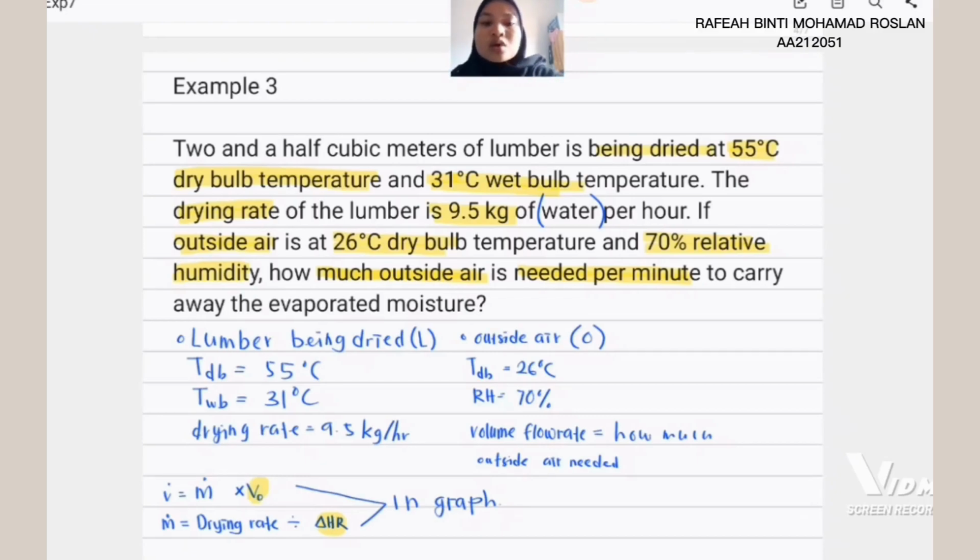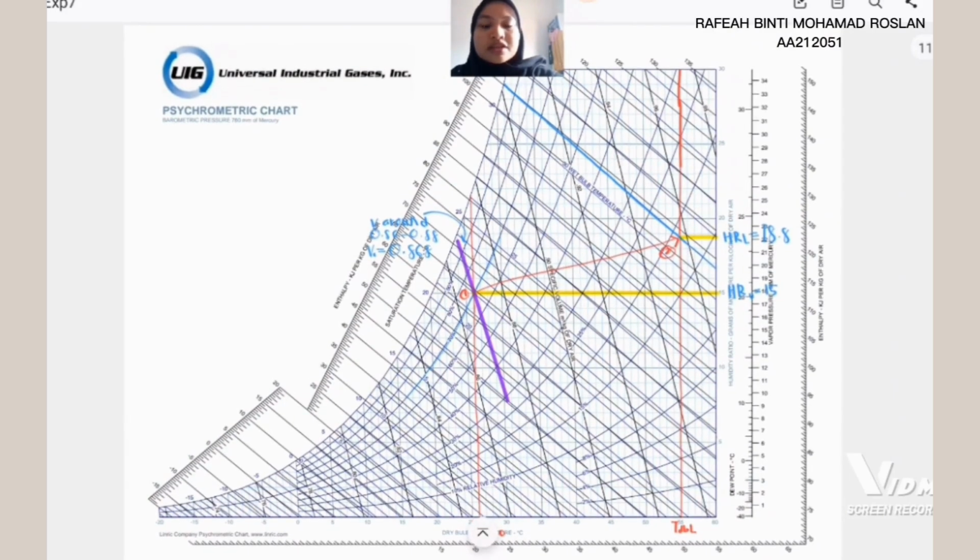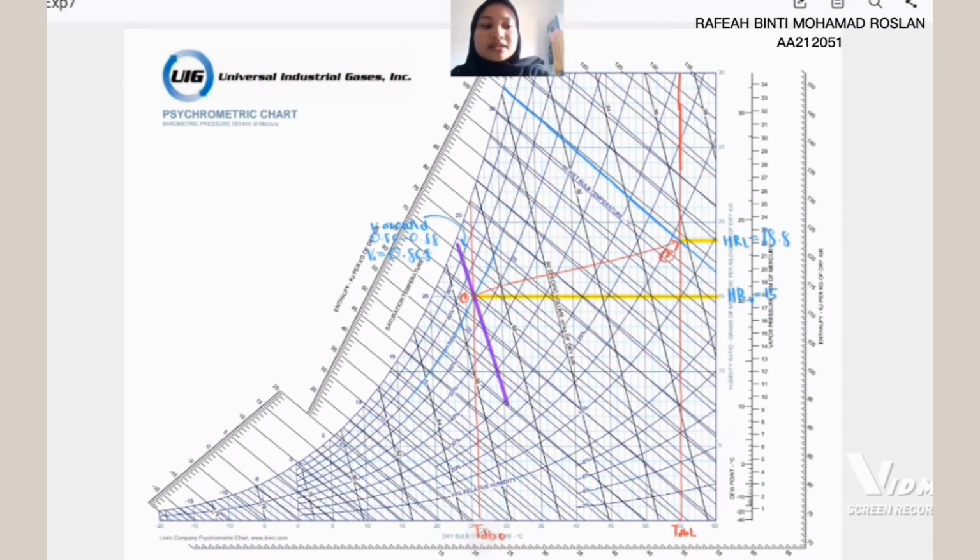We can use all this data and transfer it into the graph, and we will get other information. The information that we need in this question is specific volume and humidity ratio.